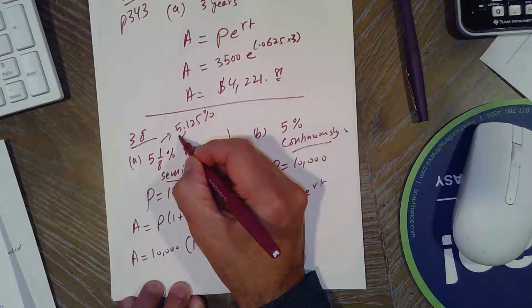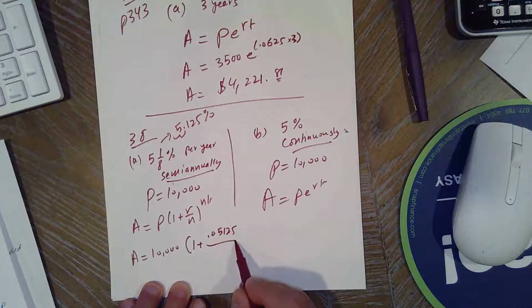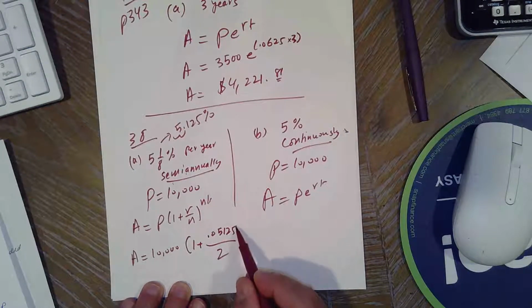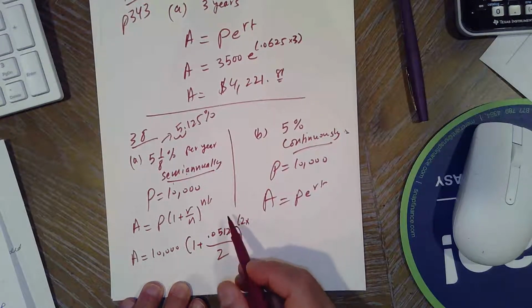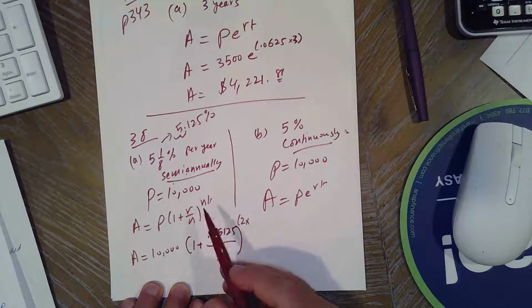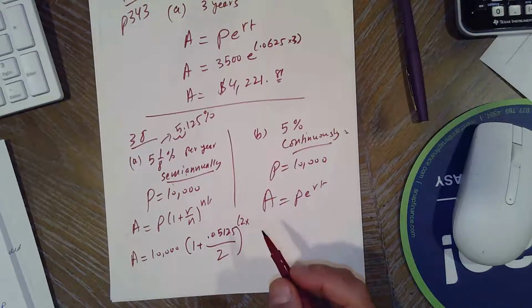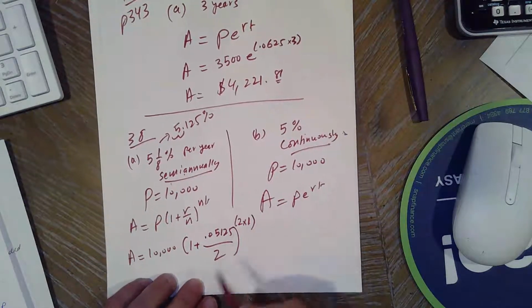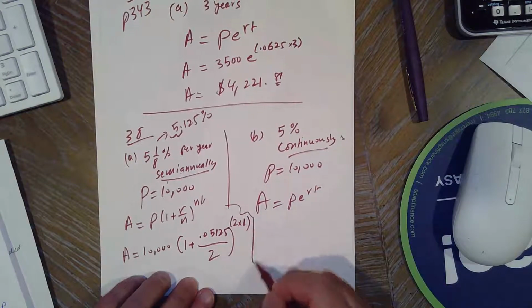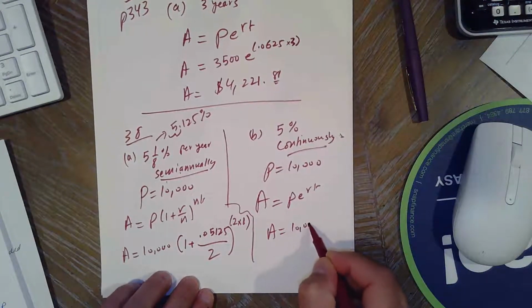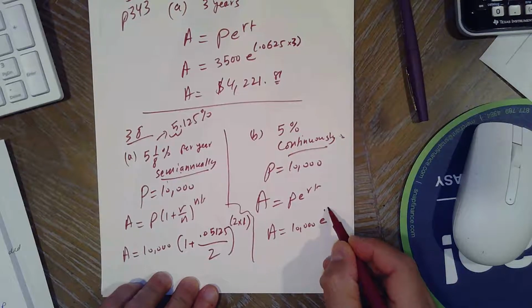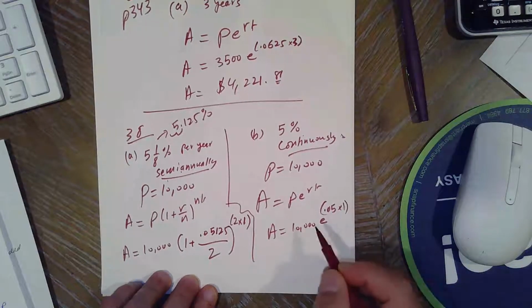If you move the decimal 2 places to the left, that's what you get. n is twice a year, and then 2 times the number of years. Just use 1 year. t is 1 for both of them. And over here, it's 10,000 e to the 0.05 times 1. You can use any number of years.